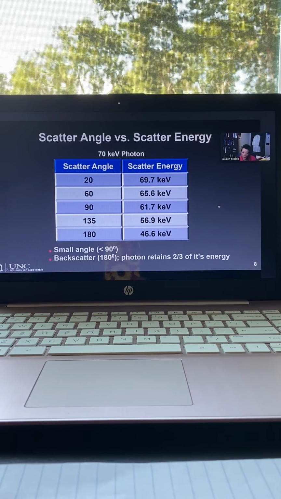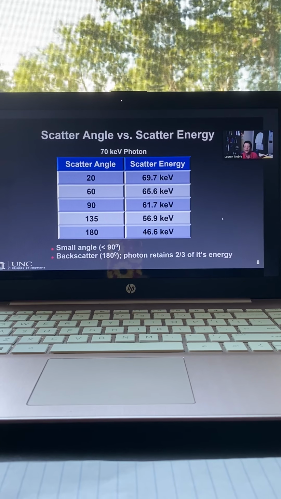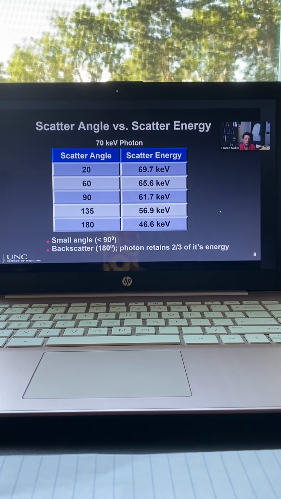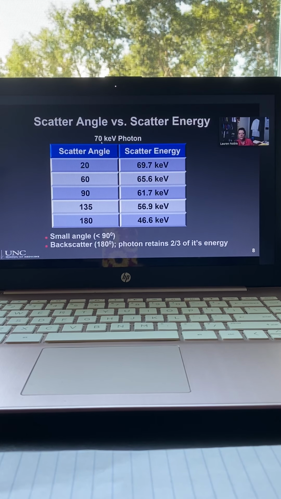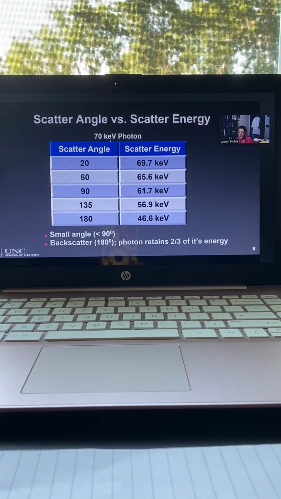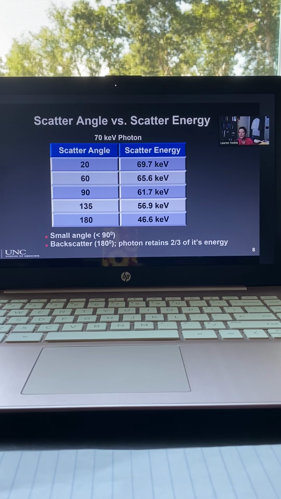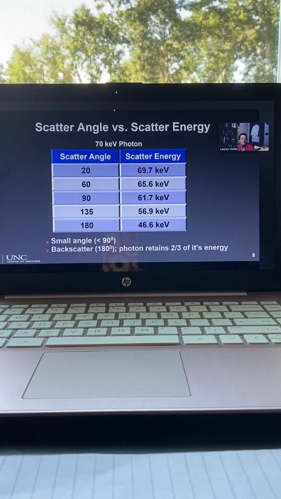Now, just to show you, you don't have to memorize this. This is just to help your understanding of how much energy photons can retain. We're pretending we have a photon that has 70 keV worth of energy, so that means we were at 70 kVp. We're pretending this is our max energy here.